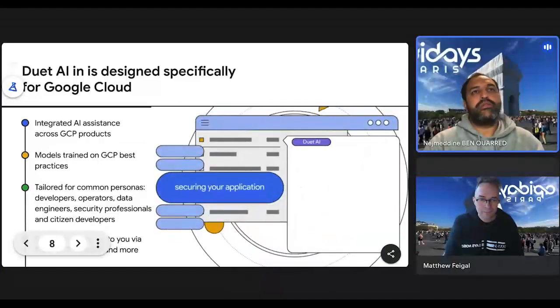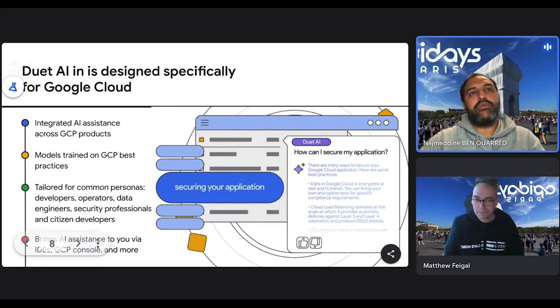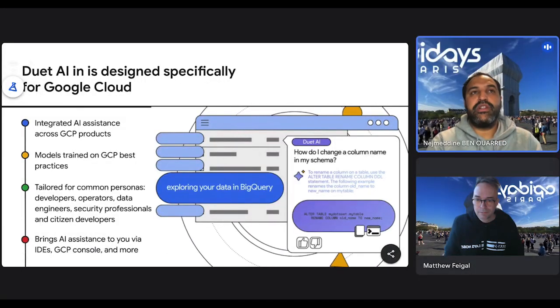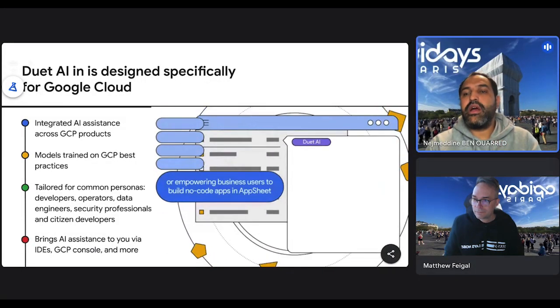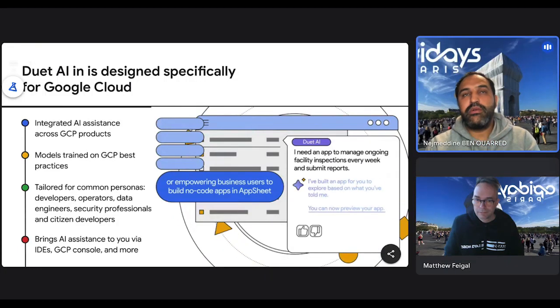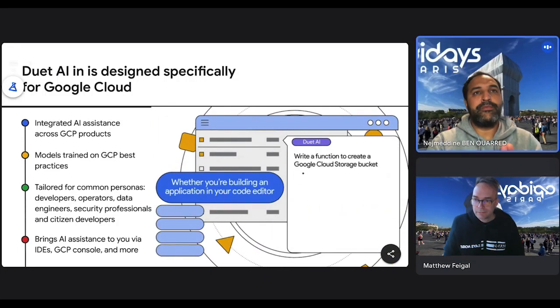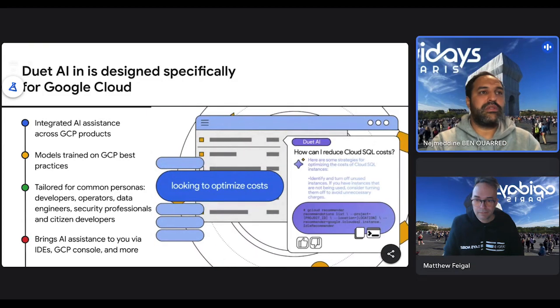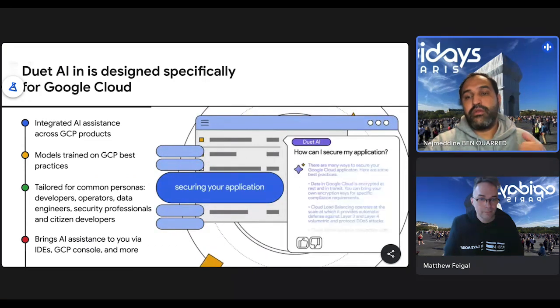Maybe let me introduce the generative AI that we will use in Google Cloud. When you are using Google Cloud, you will use the generative AI called Duet AI. I will show you in the demos that you can use Duet AI embedded in the GCP console.